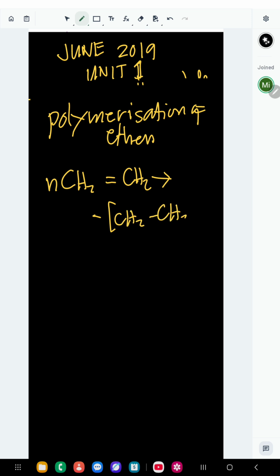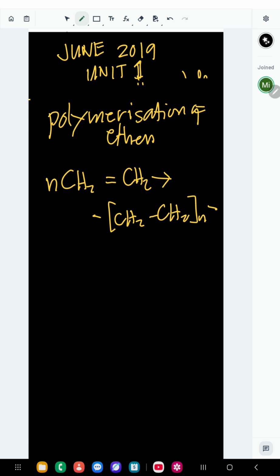Okay. Using displayed formula. Displayed formula, so you're gonna draw a structure here. So balanced equation for the polymerization of ethene, it should be this one, nCH2=CH2, then the polymer, (CH2-CH2)n.